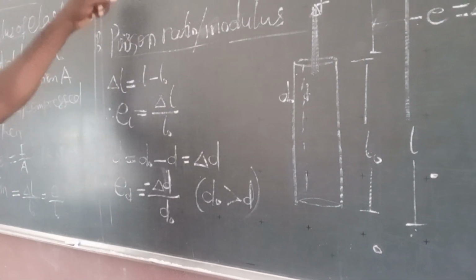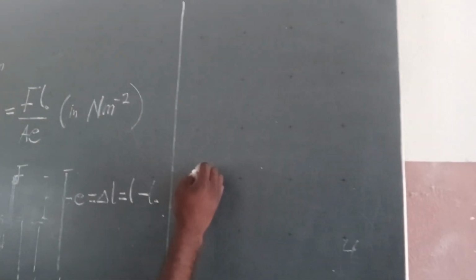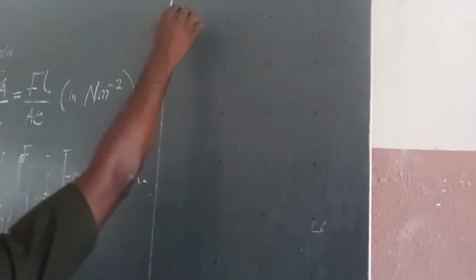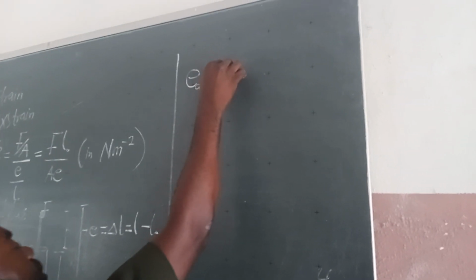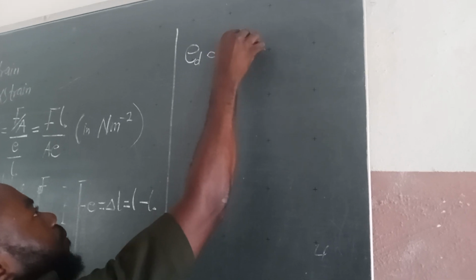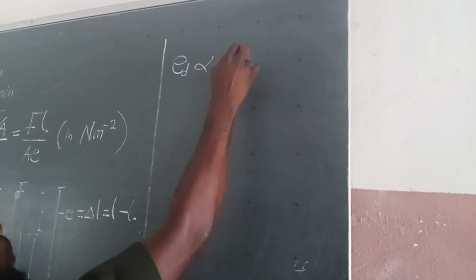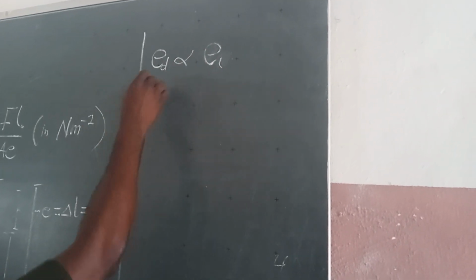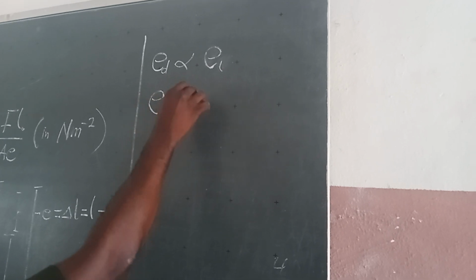And in a way analogous to Hooke's law, we discover that the fractional change in width is directly proportional to the fractional change in length.